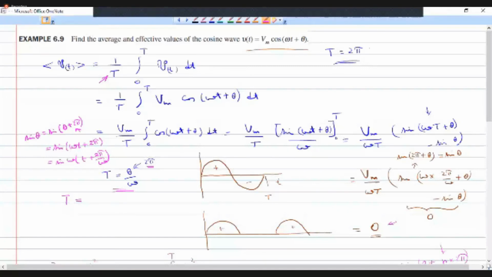this, which corresponds to our capital T, because see the dimension of omega. The dimension of omega is radians per second, and the dimension of this is radians, so it will have the dimension of time. So this is equal to sine of omega into t plus capital T. Then when I compare this capital T with this 2 pi by omega, I have written T is equal to 2 pi by omega.